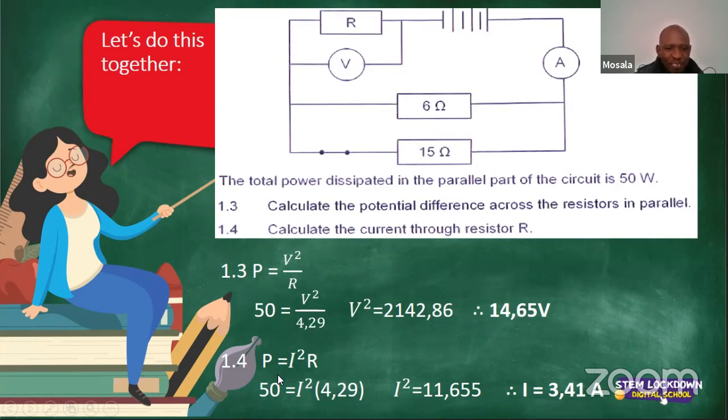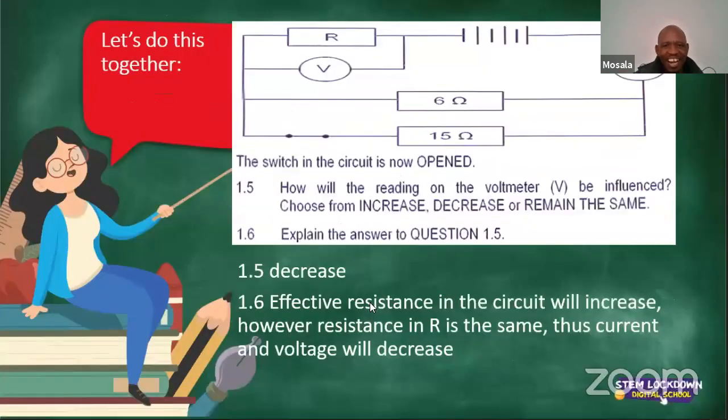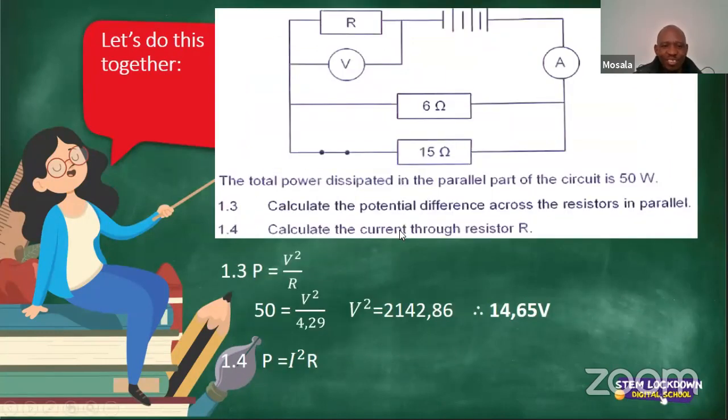It will be 50, multiplied by I squared. And then what is R? R is what we are looking for.